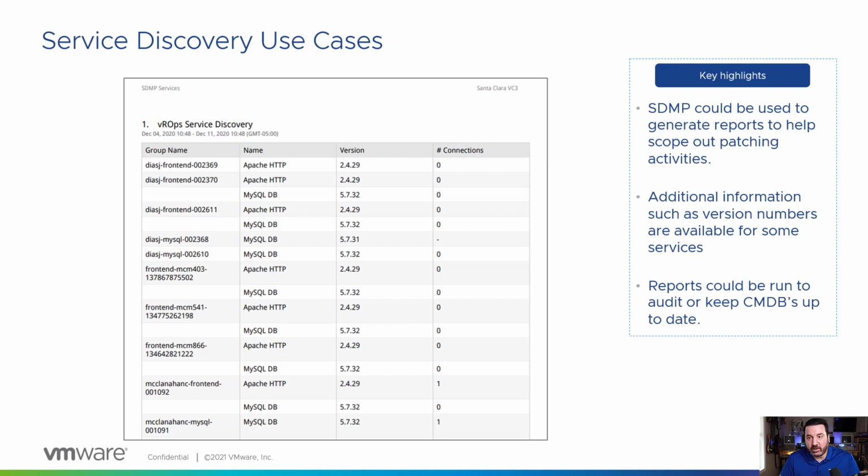But we can use this to help plan out patching activities. Create a report for all of our services. In this case, we're looking at Apache and MySQL, and I've got the version numbers of each. So now I can start to scope out which virtual machines I need to patch.